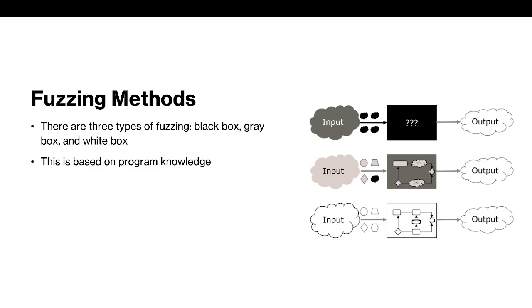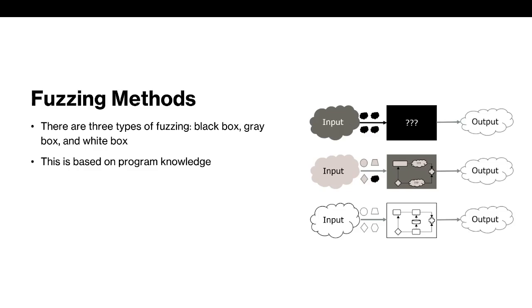There are a few types of methods for fuzzing. The simplest is black box fuzzing, where you do not have any knowledge of the program you're fuzzing, you're just throwing inputs at it. White box fuzzing is when you have full program knowledge and you can trace your way through the program as you throw invalid inputs at it.